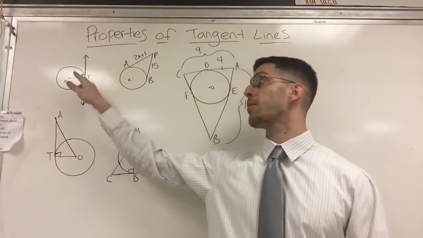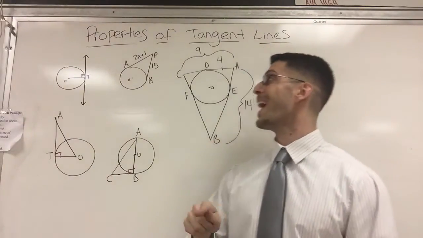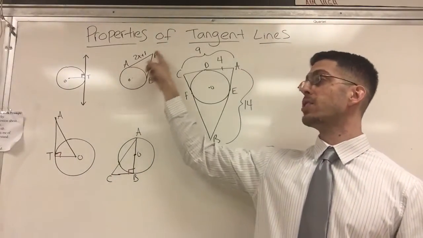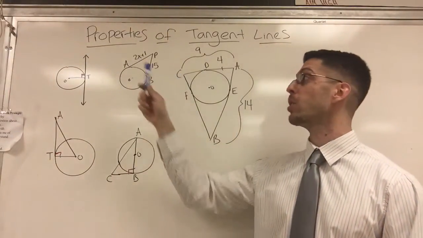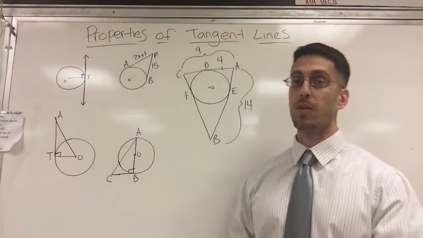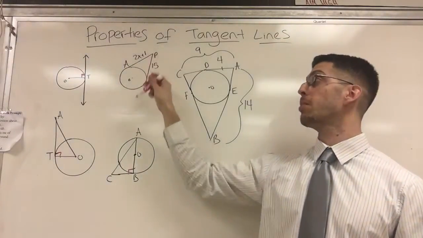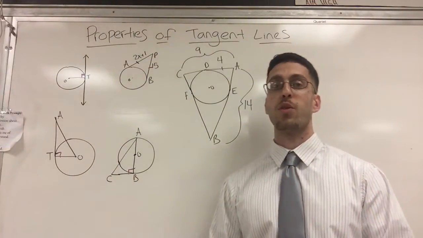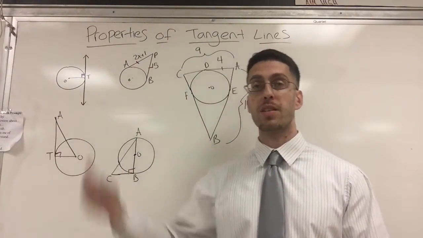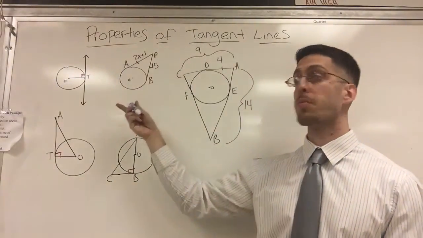Okay, back to the properties of tangent lines. So we discovered that they form right angles with the radius, and they only touch the circle at one point, and also tangent lines coming from the same point off the circle are congruent to each other. It's another property. So here, PA is congruent to PB. If you're ever asked to solve for x in a problem like this, that's real simple. I know that PA is congruent to PB.